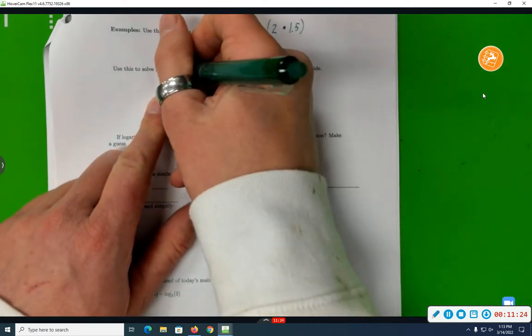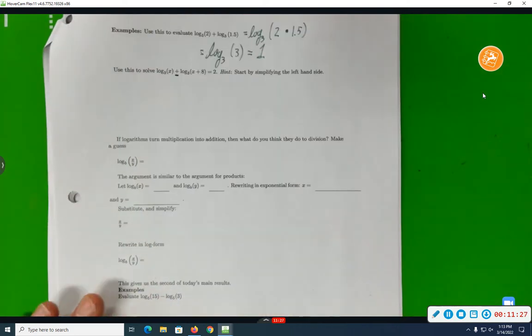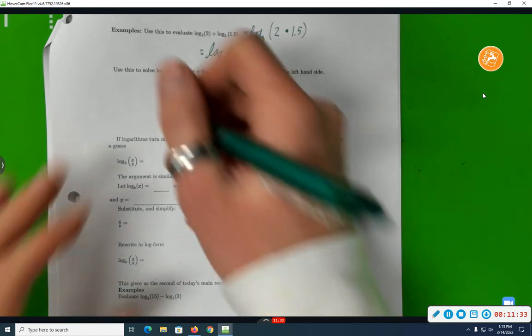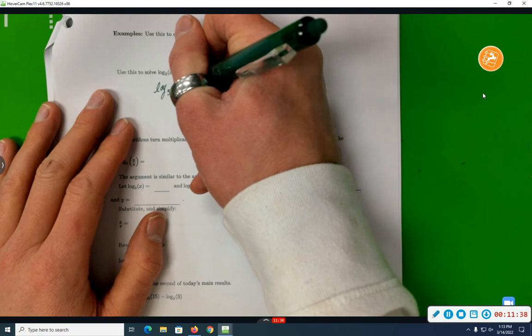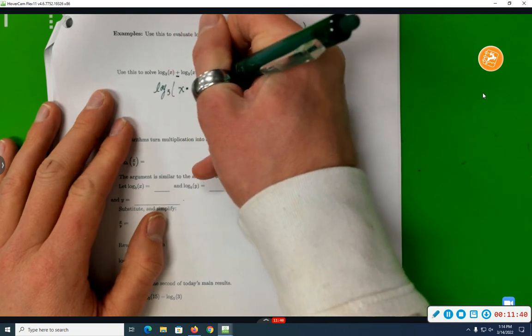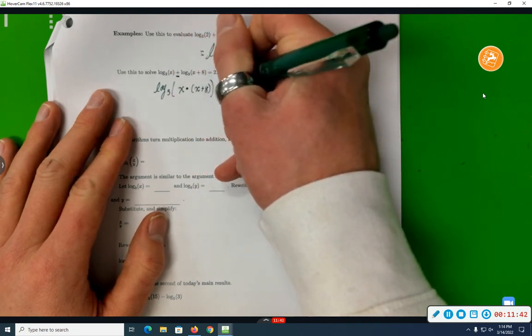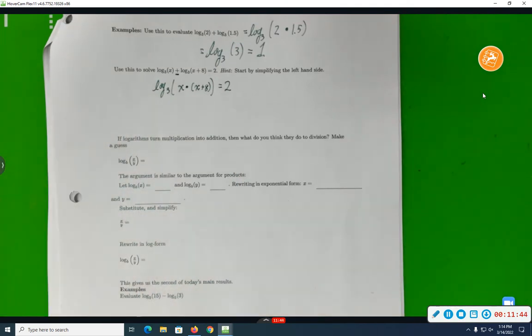So I see here a sum. Log will turn a sum outside of the logs into a product inside. So it'll become log base 3 of x multiplied by x plus 8 equals 2. All right, so now there's only one log. What seems like a good move to do next? Distribute? Sure, you just mean the x times x plus 8?